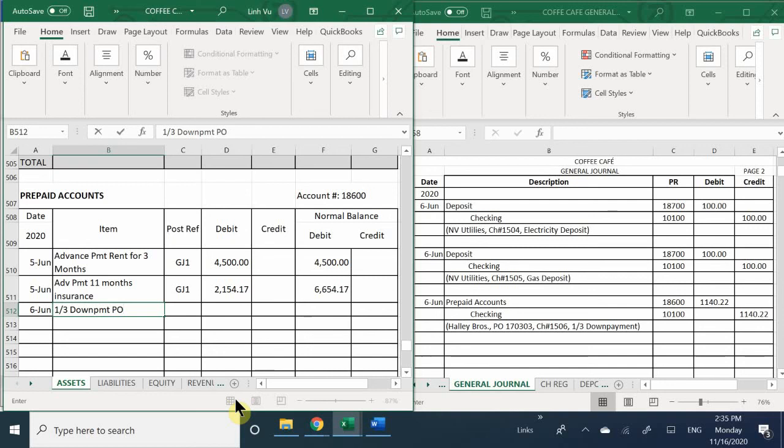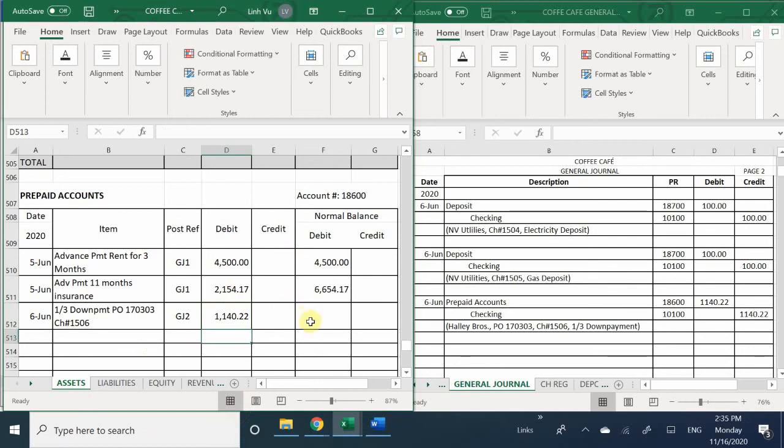PO number, I think it was 170303 with a check number 1506. Okay. Yes. So then general journal number 2. And we had an advance payment for $1140.22, bringing your new balance to be... Oh, my formula didn't go. There we go.